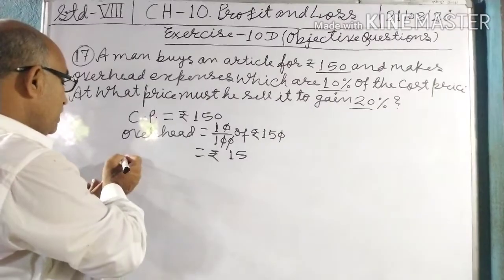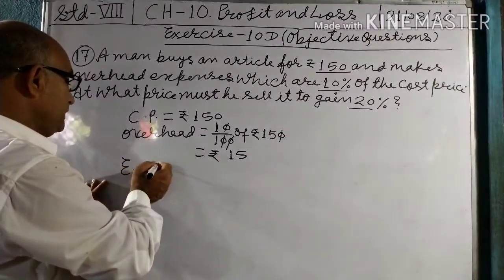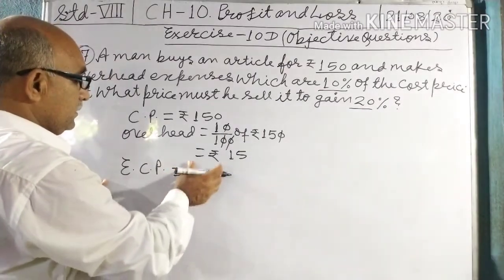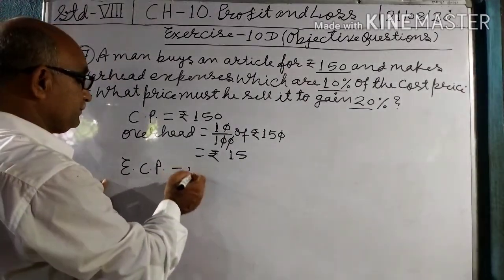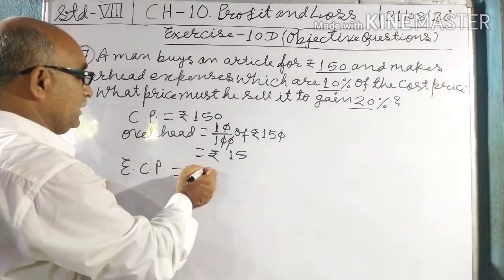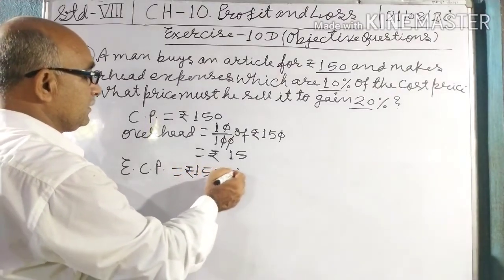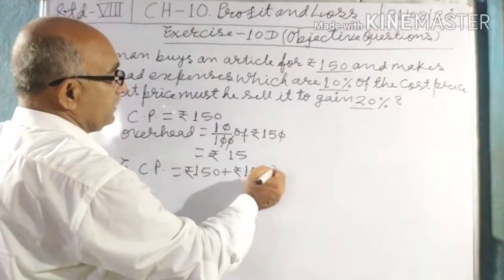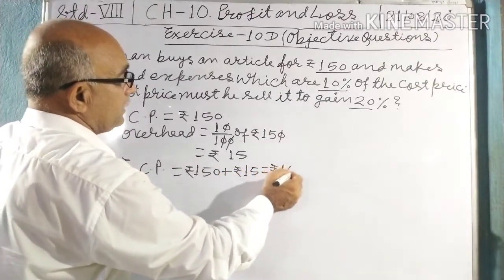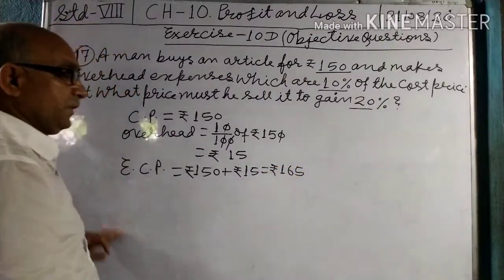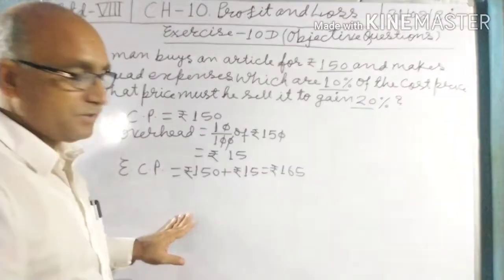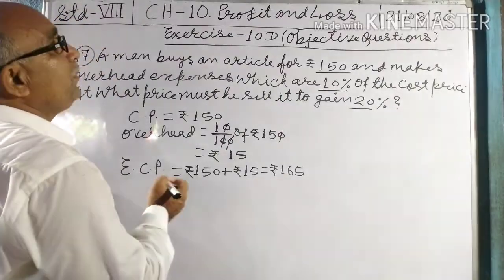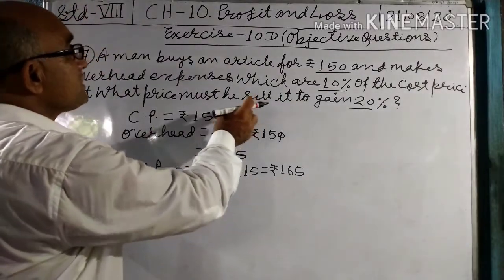Zero cancels zero, equal to rupees 15. So effective CP equal to rupees 150 plus rupees 15 equal to rupees 165. 165 is the effective CP or original CP. Now we have to find selling price.